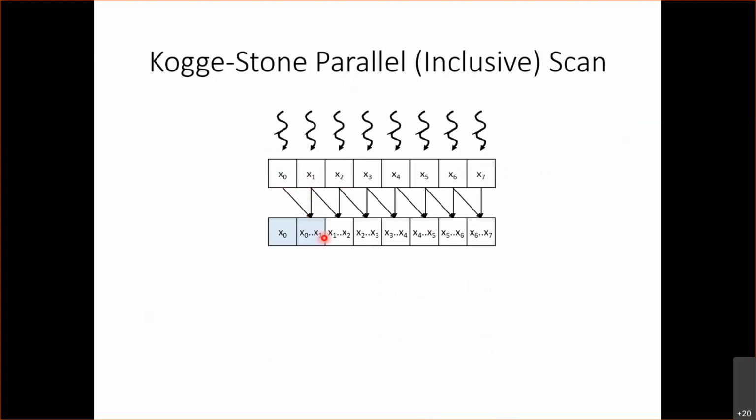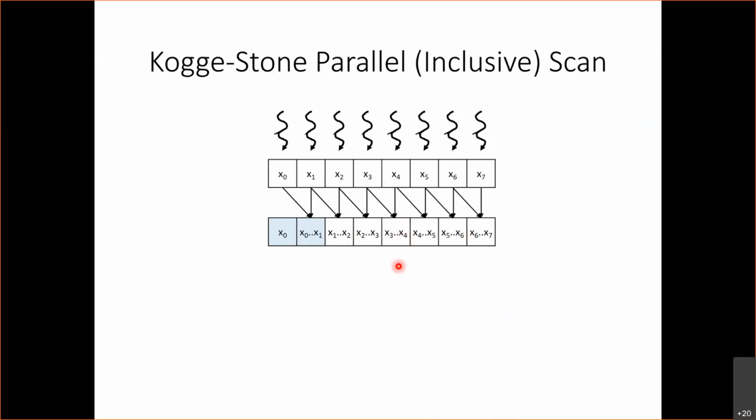At the end of this iteration, you'll notice, obviously for x0, there's no element to the left, so we won't do anything with x0. But for x1, now we have x0 to x1, so this value is complete. For x2, we have x1 to x2, so it's not complete yet. But now each value consists of itself and the value to its left.